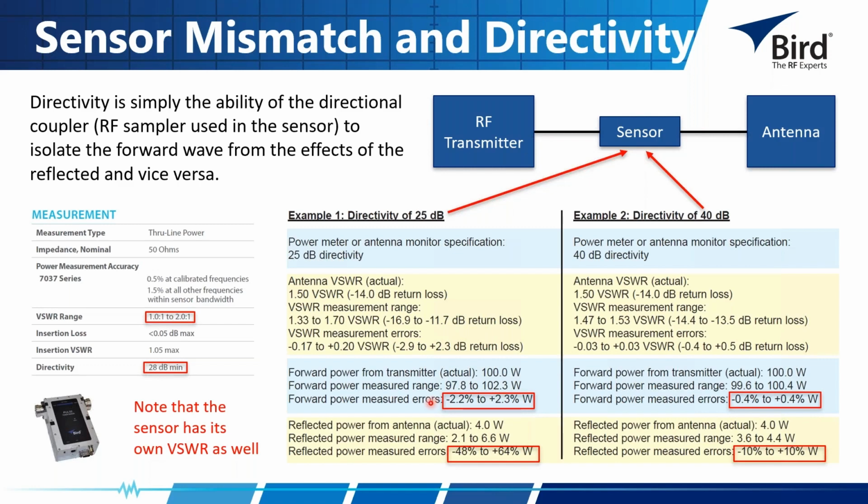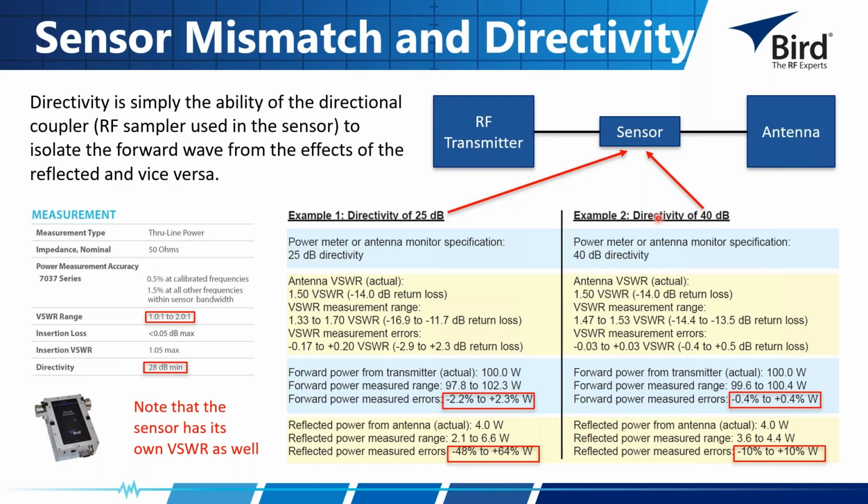And so our forward power is doing okay for this directivity component, but you can see the reflected measurement is actually getting killed here. So in the case of this 100-watt output, this results in around 98 watts versus 102 watts. Or in this case, if we're trying to measure this 4-watt signal precisely on the reflected path, we're going to have a lot of variation here.